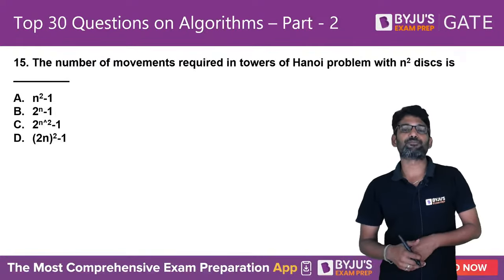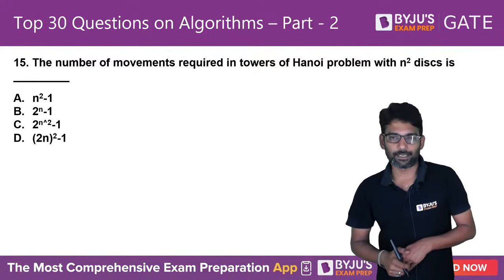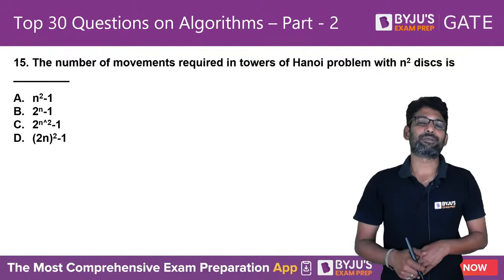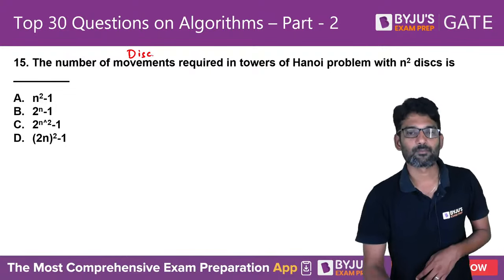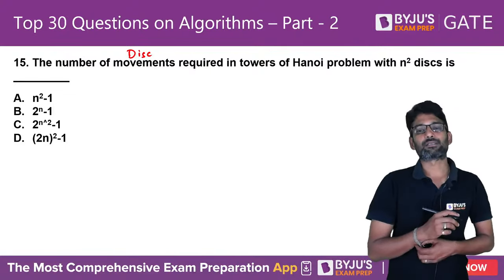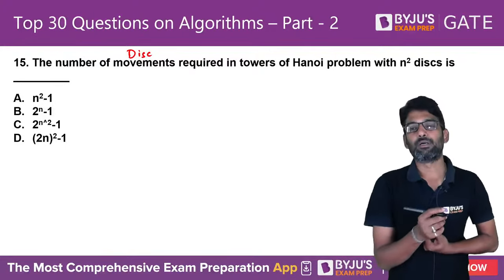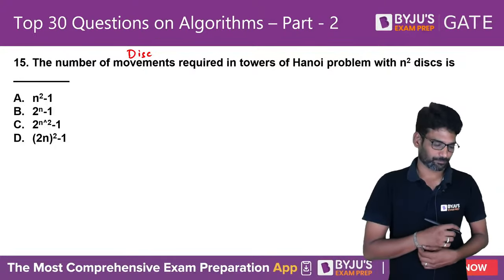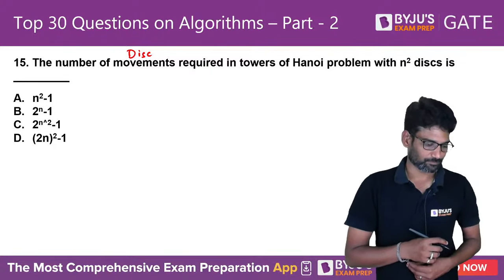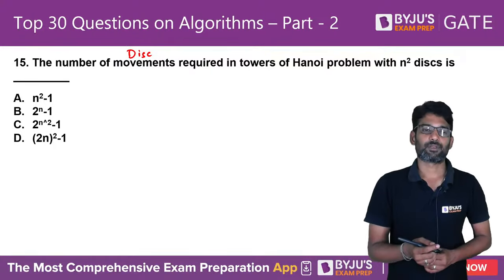The number of movements required, movements means disk movements, required in the Tower of Hanoi problem with n square disks is how much?